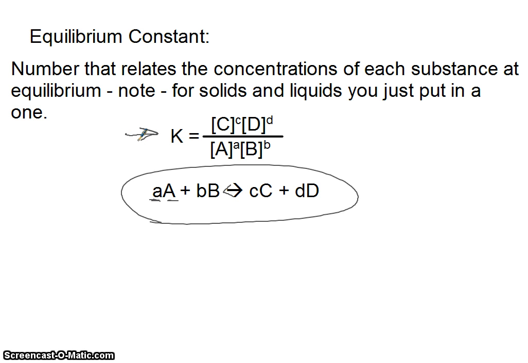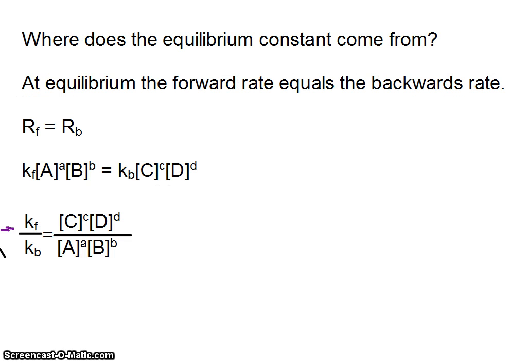And we'll see how to use this with a real reaction, because for now it's like, what's up with all these A's and B's? Okay, so we're going to look at how this applies. Just before we go to apply, the reason why this happens is because at equilibrium, the forward rate of reaction equals the backwards rate of reaction.